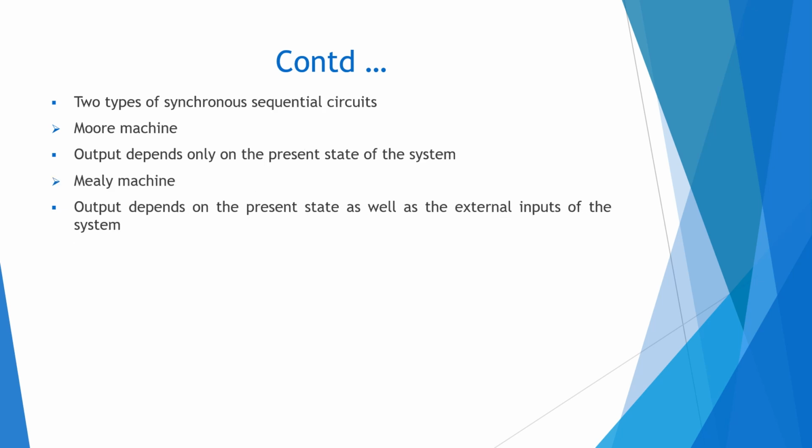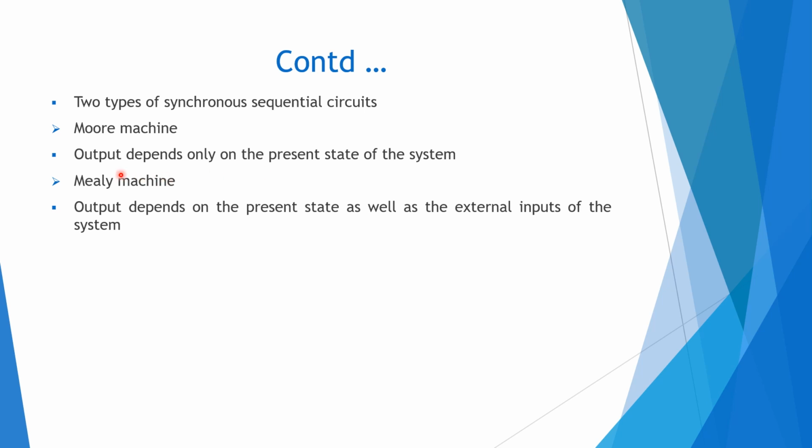Now, the synchronous sequential circuit is also called a finite state machine, which we will be discussing in the next lecture. There are two types of it: Moore machine and Mealy machine. In the Moore machine, the output depends only on the present state of the system, that is the flip-flop outputs. The state of the system is given by the flip-flop outputs.